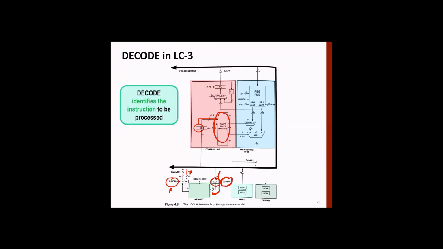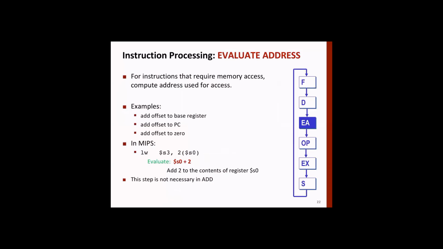All right, so let's move ahead. Once we have decoded, and if the instruction is of type, say, load and store, loading means bringing data from memory to a register, and storing means data which is already available in a register is moved to memory.